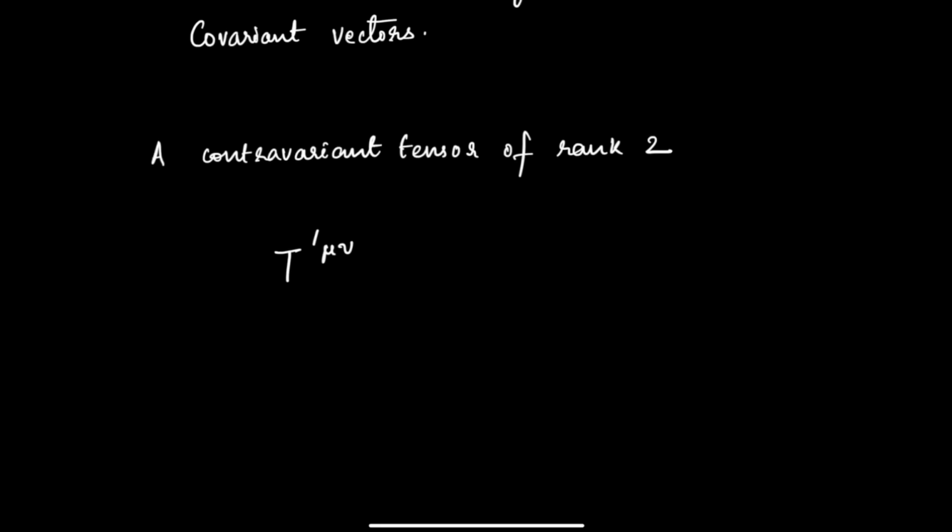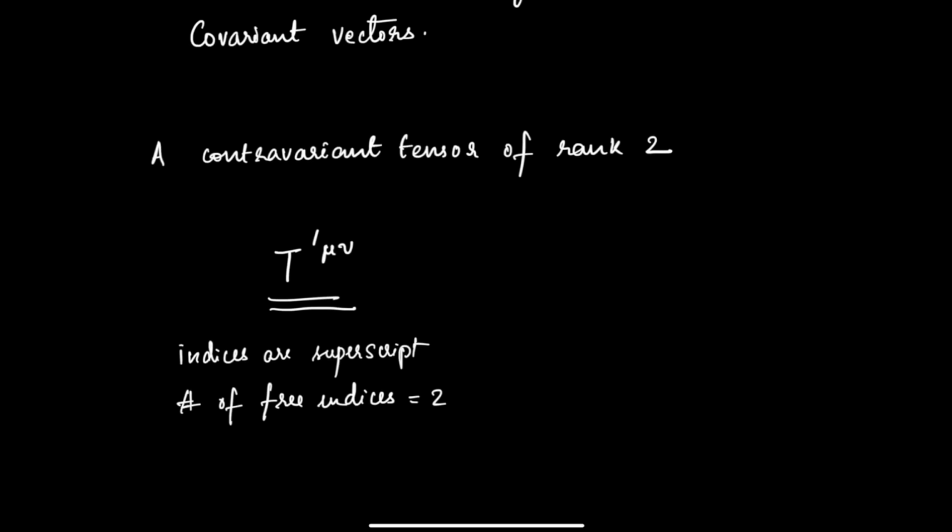So this is a contravariant tensor of rank 2. Why is it contravariant? Because I have written the indices as superscript. And this is rank 2. Why rank 2? Because the number of free indices is equal to 2. That's why T prime mu nu is a contravariant tensor of rank 2.